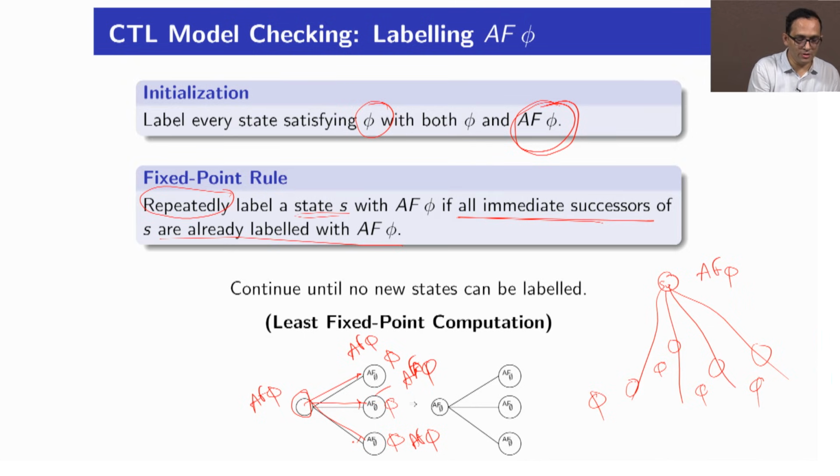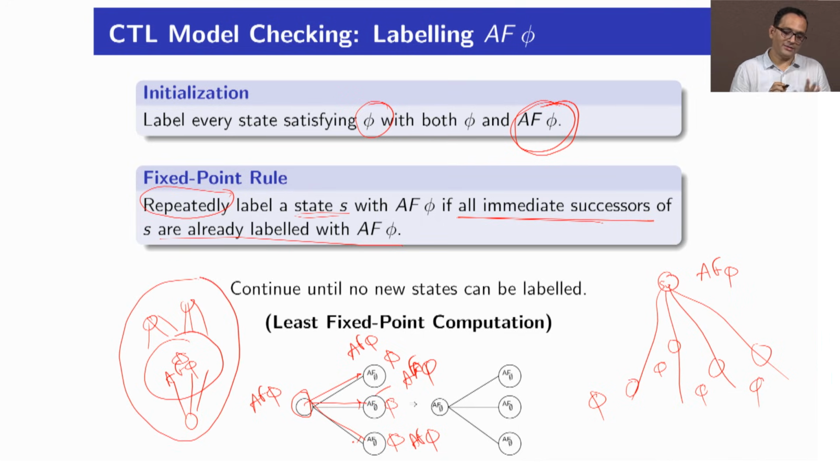So basically initially I have only a set of states where phi holds, so AF phi holds there. Then I will try to identify the states from where all transitions are going to some of the states here. Then I will mark these states also as AF phi.